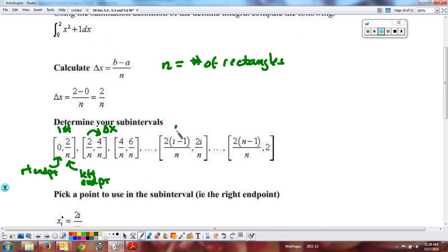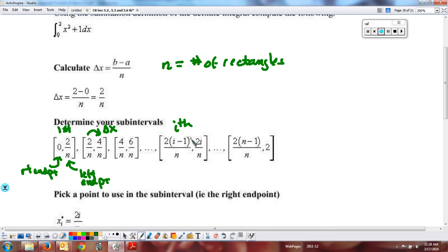And so in my ith interval, what am I basically doing? If I am in, like here in the third interval, I really did 2 times 2 and then 2 times 3. And so if I'm in the ith interval, I would do 2 times 1 less than i, and then 2 times i to get where I'm at.